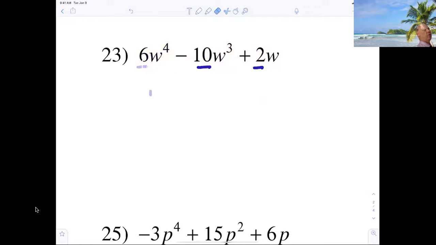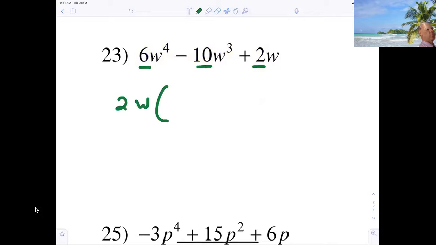Now we're starting over. Put your iPad down. You're not reading me the answer. All right, let's try this again. Come on, girl. You got this. Go. Tell me what's common. 2. Good. To the what power? How many are here?